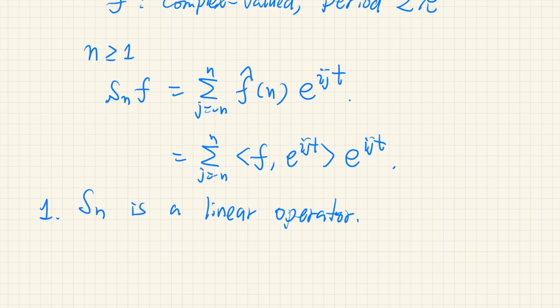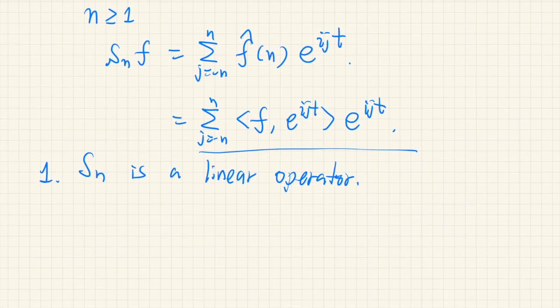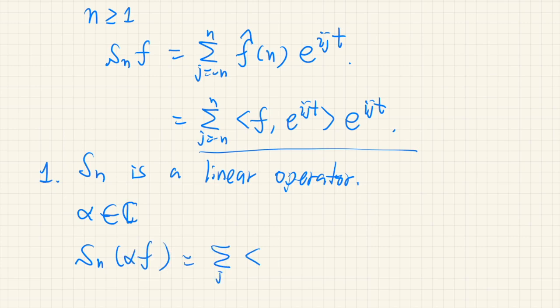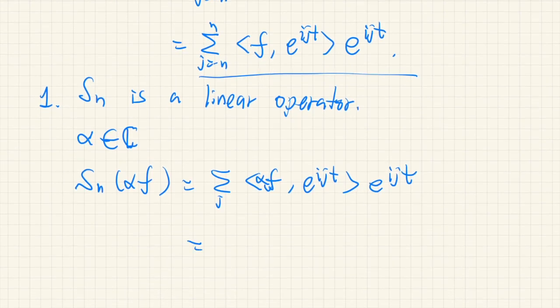That is almost obvious from this expression. Let's say alpha is a complex number. Then if we apply Sn to alpha f, that is expressed as the inner product of alpha f with e^{ijt}, and by the property of the inner product, this is of course the L2 inner product, we can put this alpha out of the inner product, and we can also put alpha out of the summation.